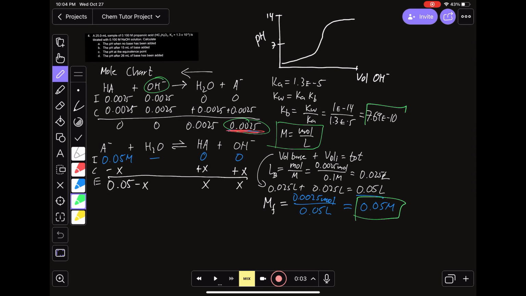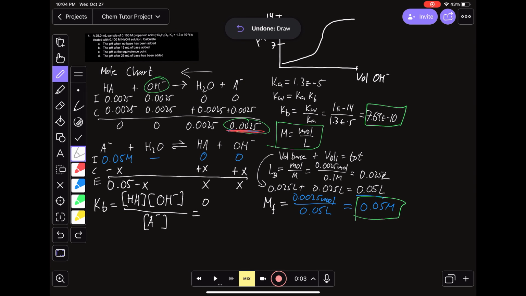We have our KB value right over here. KB will equal the concentration of HA times the concentration of OH minus over the concentration of the conjugate A minus, which is X squared over 0.05 minus X. We can still use the approximation since our KB value is small enough.